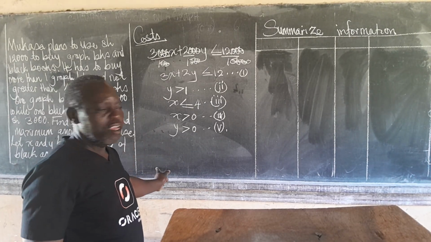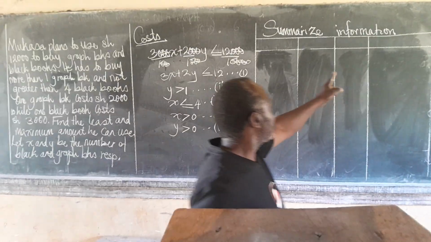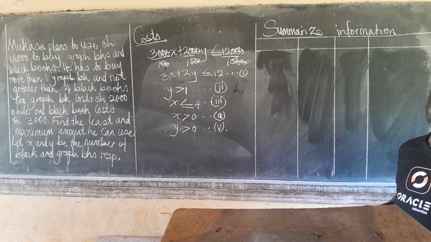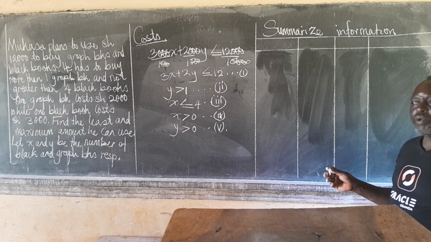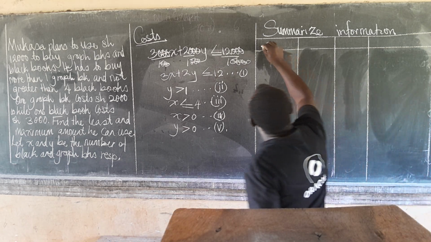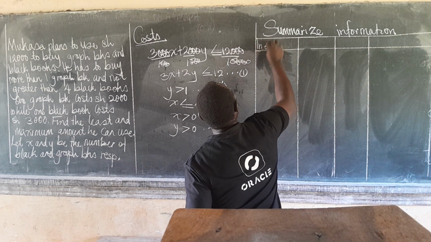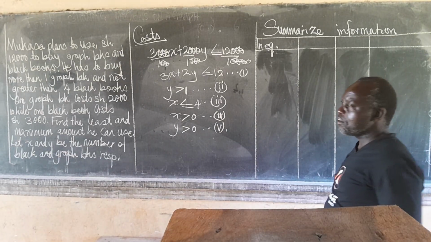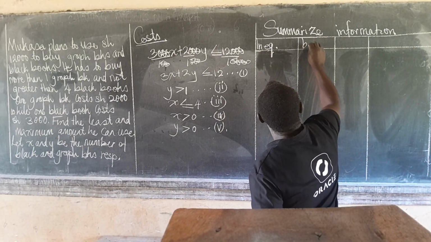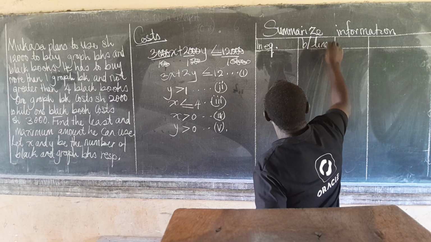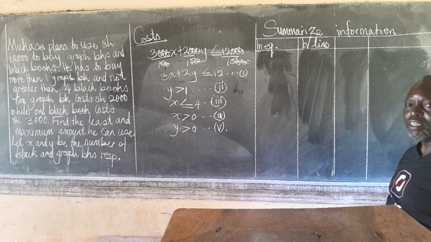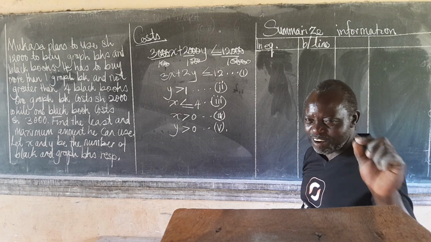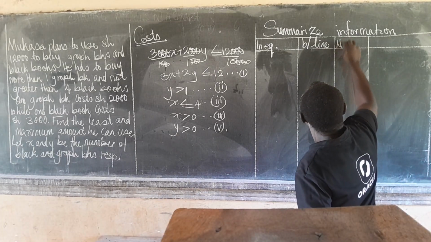Having got this, now we go to our summarized table. This is our summarized information. Within it, to cut it short, we look for the inequality, then after the inequality we go to the boundary line. Then after the boundary line, we have a look at the nature of the boundary line.